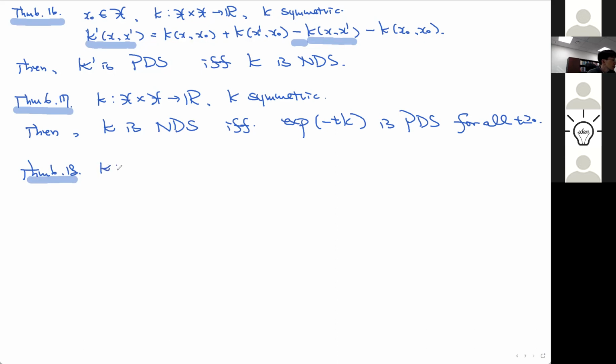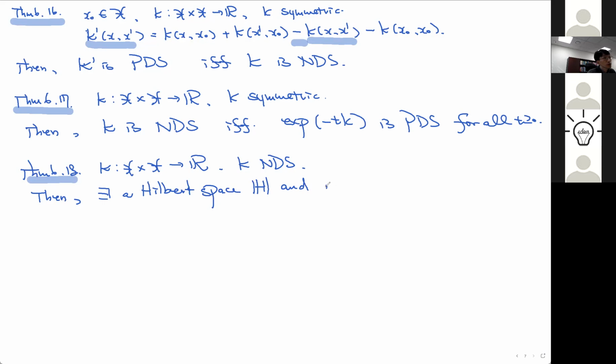So if K is a function on X times X to R, and we are saying K is NDS, then there exists a Hilbert space and a feature map from X to the Hilbert space such that K of x and x prime can be understood as a squared distance in this Hilbert space.